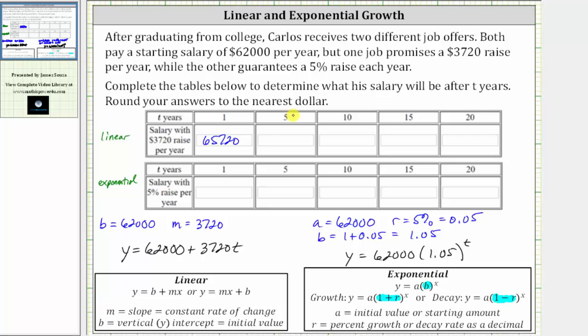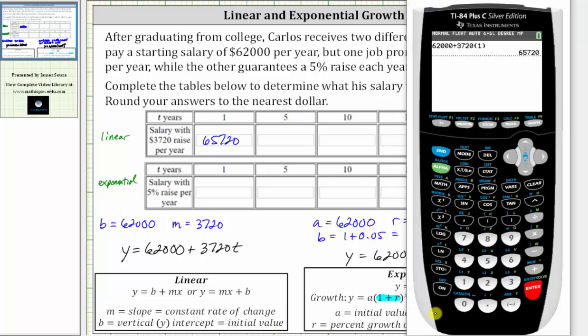Next we have t equals 5. To save time, we can press second enter, which brings up the previous entry, and then we can just change the 1 to a 5 by using the left arrow and overriding the 1 by pressing 5 and then enter. Next we have t equals 10. We can press second enter, change the 5 to a 10, enter, and then we have t equals 15 and t equals 20.